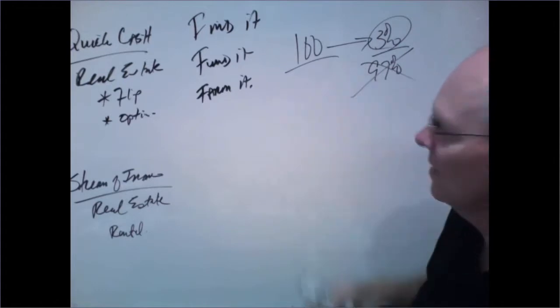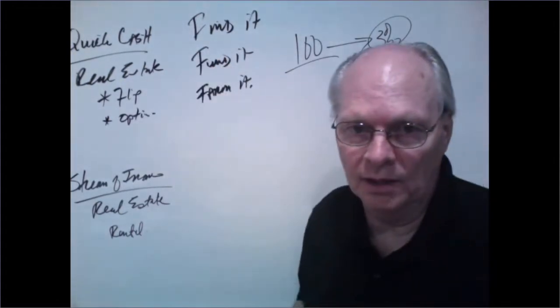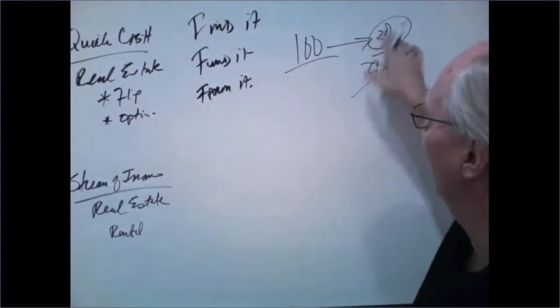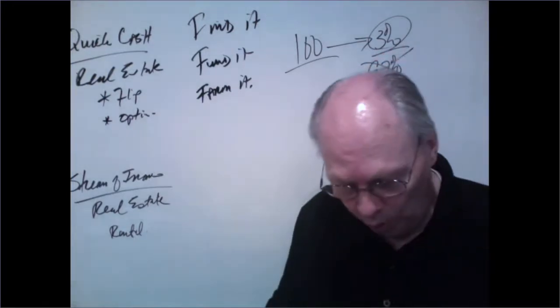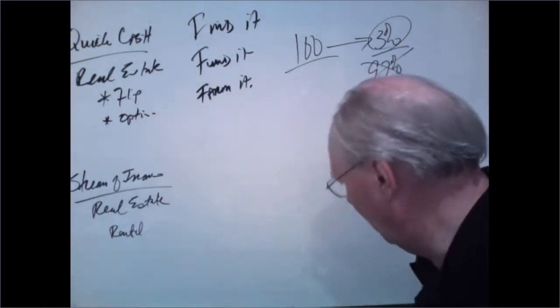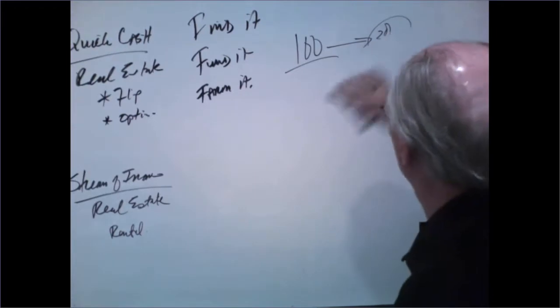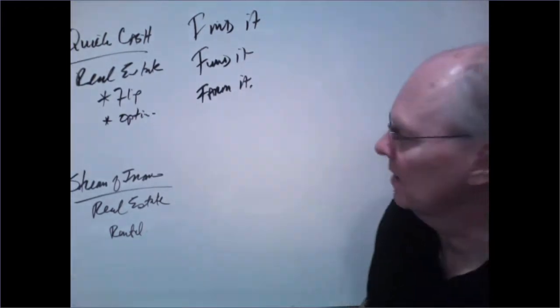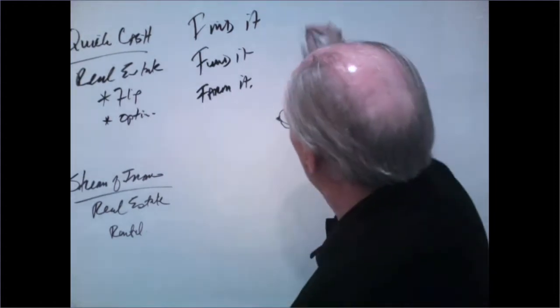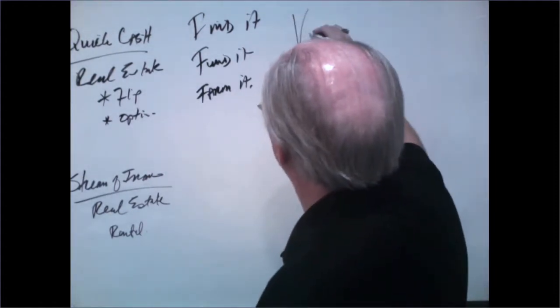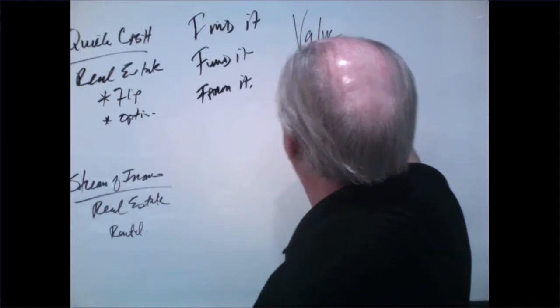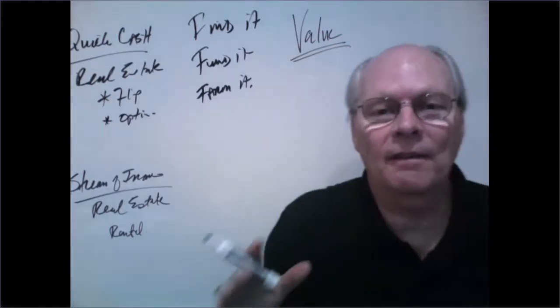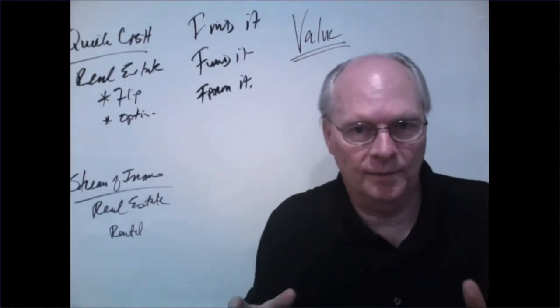So you have to have a system to find those good deals. But the first thing is to know that out of all the properties that are out there for sale, only a small percentage of them fit our criteria. And so we have to find ways to get people that have good deals to send them to us. Now, the next thing that is very crucial is you need to learn value. And until you understand value, everything is worthless.